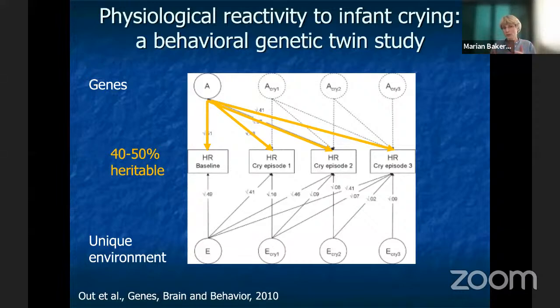Whereas if on a certain characteristic, fraternal twins and identical twins have the same amount of similarity, so the correlation in both groups is around 0.40, then apparently it doesn't matter so much how similar you are in your genetics.